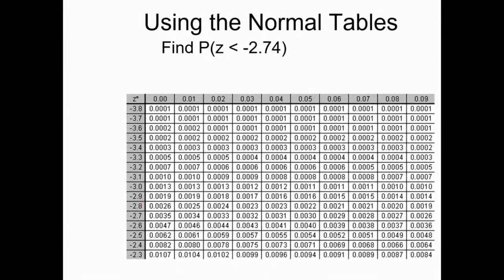Negative 2.7. There it is. And then what column do I look in? 0.04. So then what value will I meet at? 0.0031.